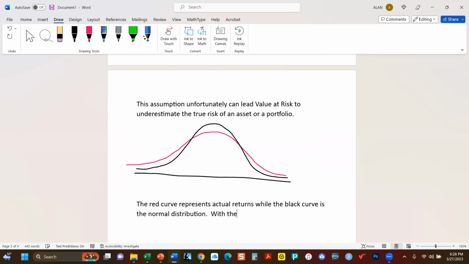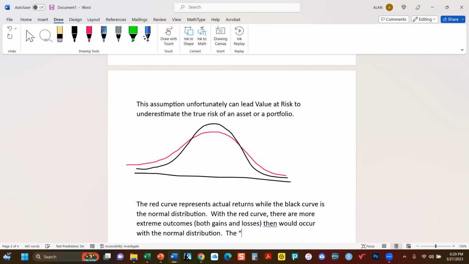With the red curve, there are more extreme outcomes, both gains and losses, than would occur with the normal distribution. Now, from the perspective of risk management, we're not really too concerned about the upside of this curve. We're really concerned about that left tail where the losses take place.